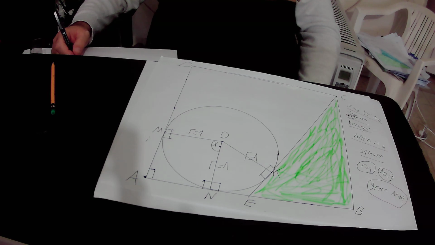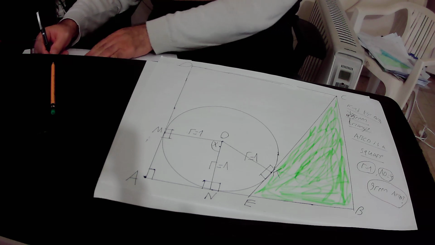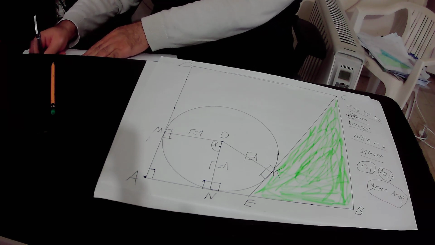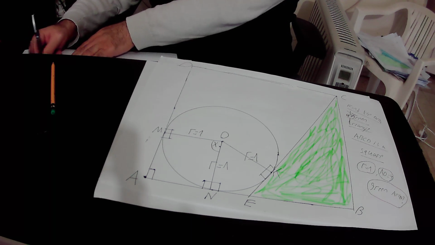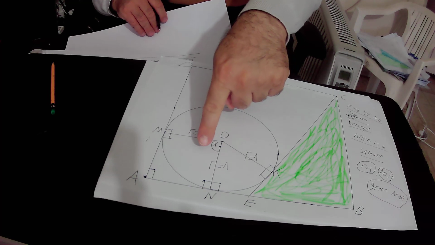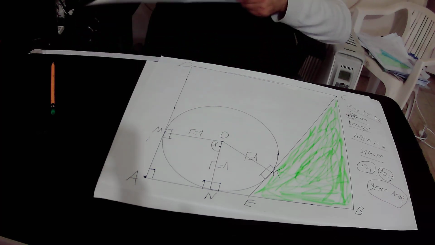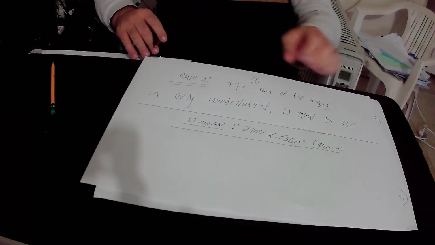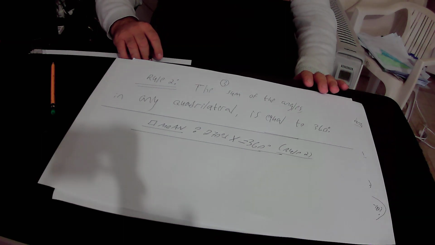In conclusion, the sum of those 4 angles must be equal to 360 degrees according to rule number 2. I will repeat again. If you focus on quadrilateral MOAN, the sum of its angles must be equal to 360 degrees according to rule number 2.